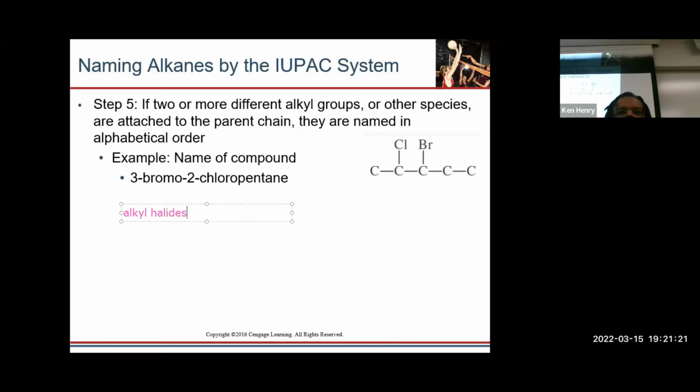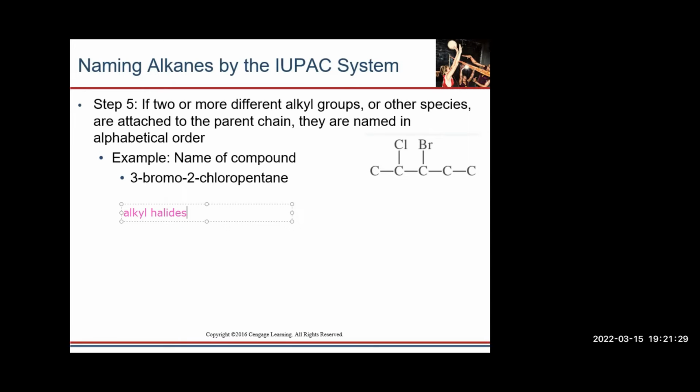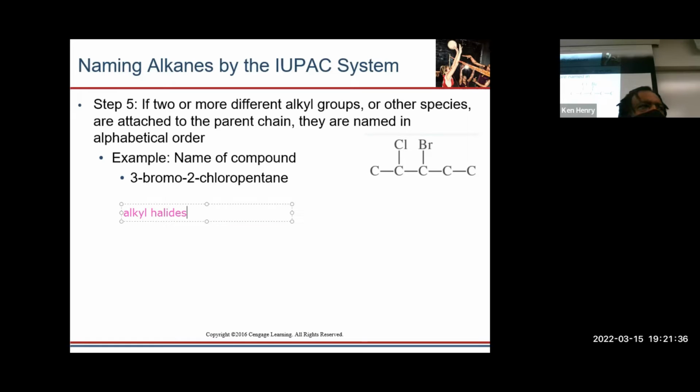Hal is short for halogens, right? Who are your halogens? Bromine is one, group 7. No, selenium is not one. Bromine, chlorine, fluorine, iodine. Those guys are your halides.